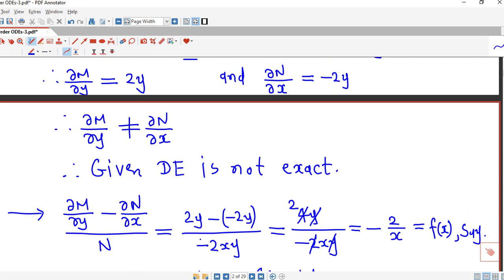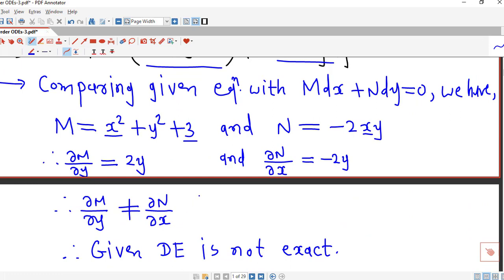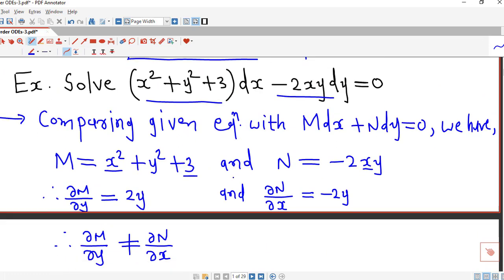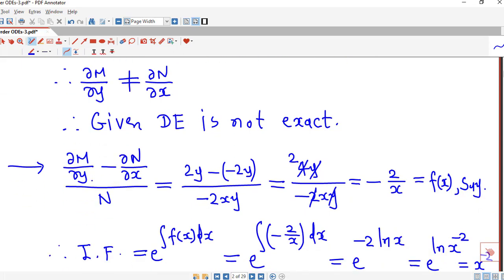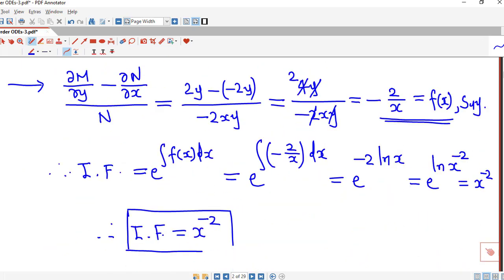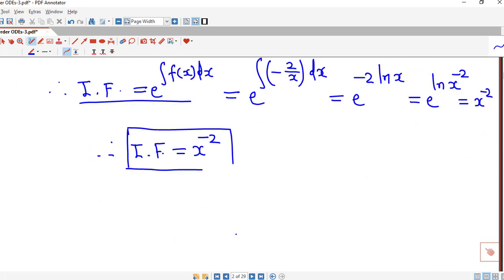So we have seen first step was to check whether equation is exact or not. So we find that equation is not exact, so we try to find out this quantity which turns out to be function of x. So using the formula for integrating factor we obtain this integrating factor. So now next step is we will multiply given equation by this integrating factor.